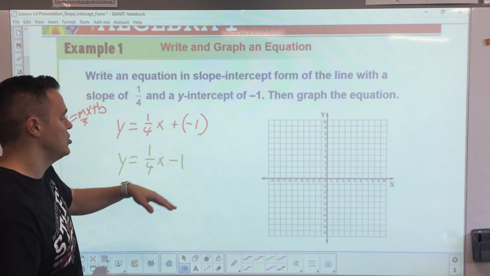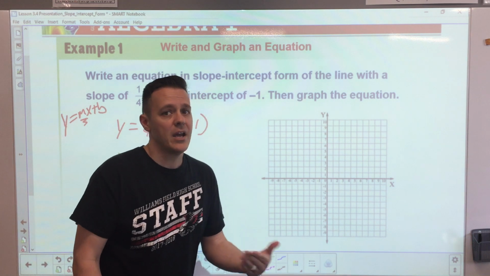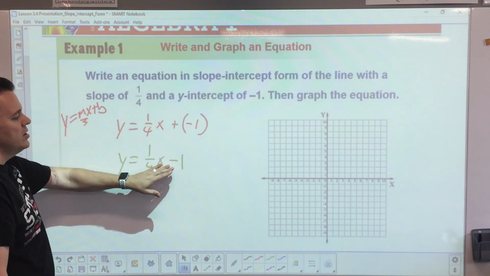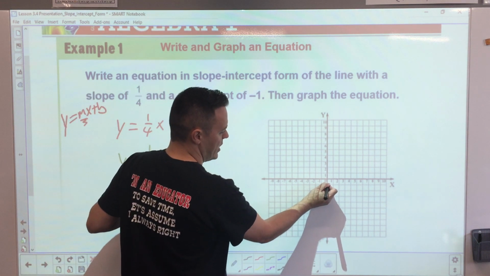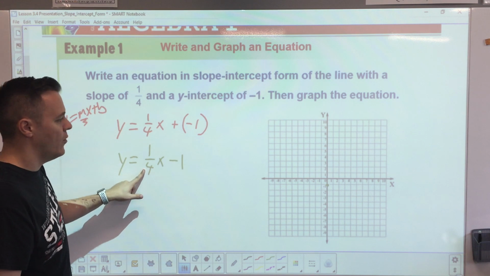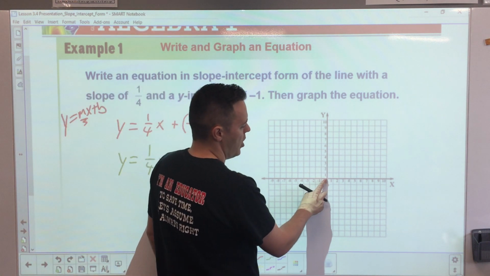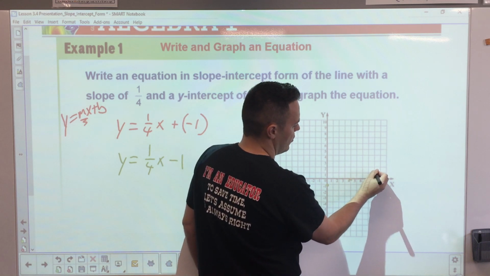Do I need to go into a graphing calculator like Desmos and actually graph it? I don't need to, because this gives me all the information I need. My y-intercept is -1, and my slope is 1 over 4. So I know I'm rising up 1 and going over 4, rising up 1, going over 4.